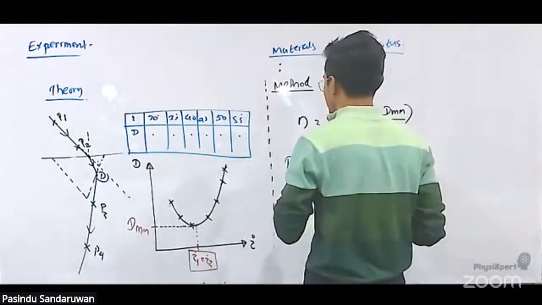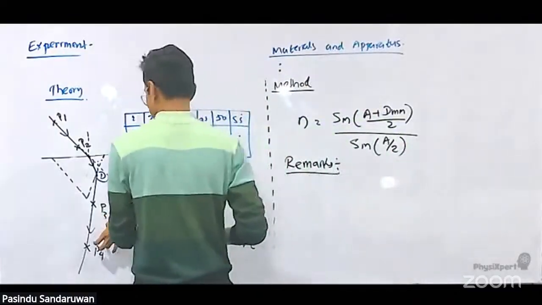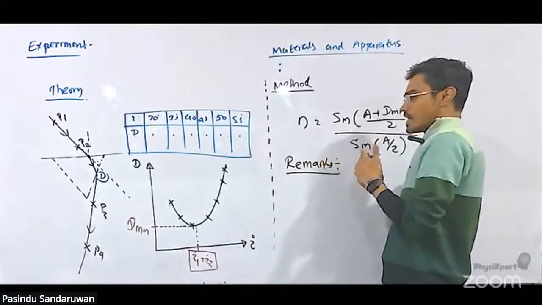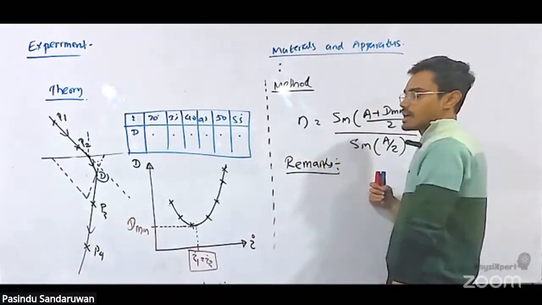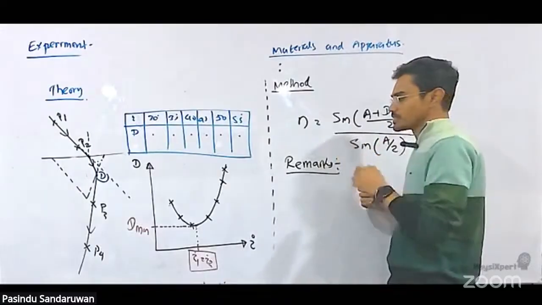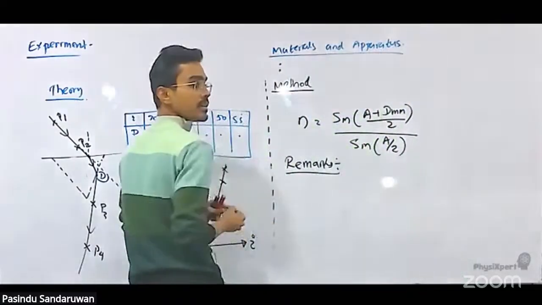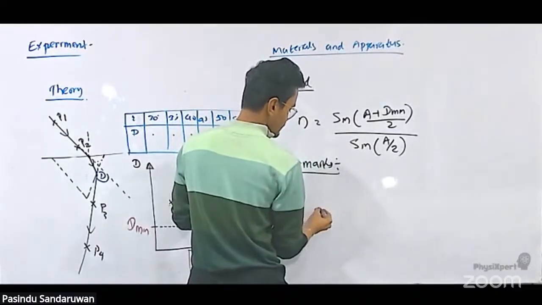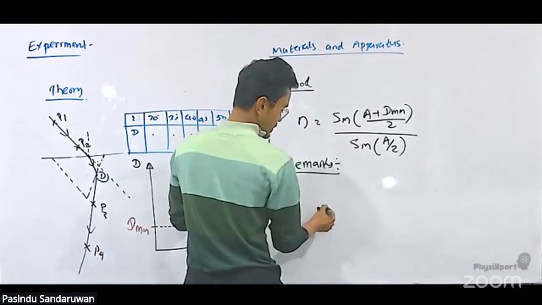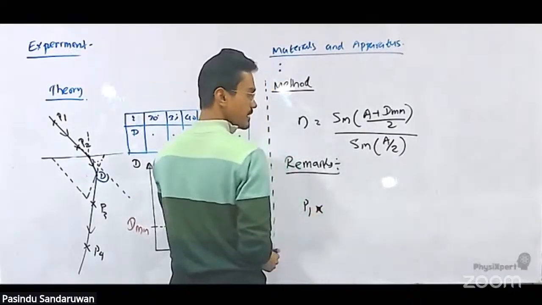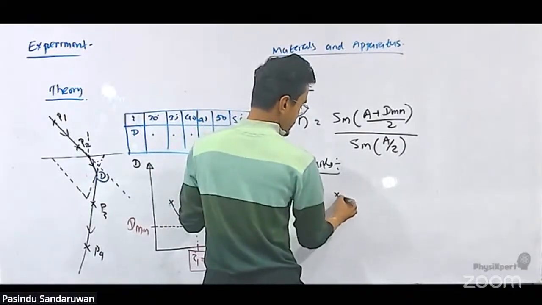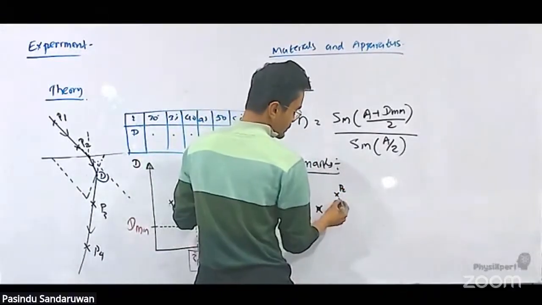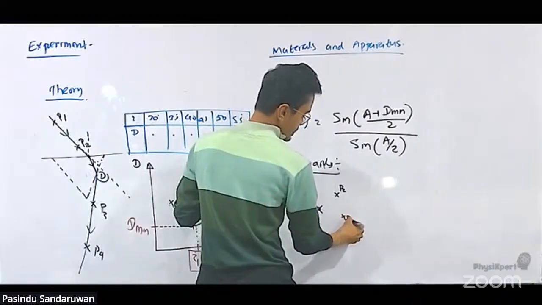Now, when you are fixing pins, you have to fix them as far apart as possible, because this is what happens when you connect the pins. Otherwise, say you have one pin here, P1, and you have the second pin here, P2, and another one here.